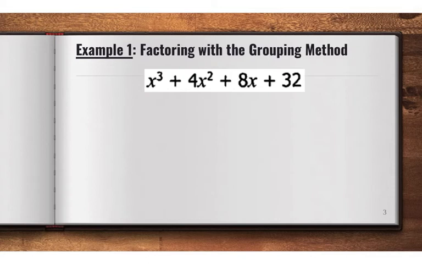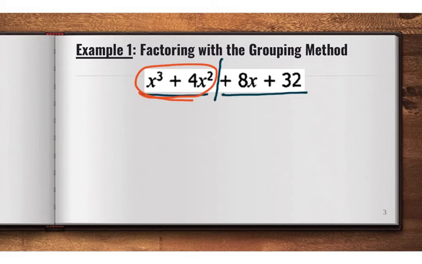Okay, so example 1, factoring with the grouping method. So I am going to take this and put a line here. So I have one group, and here I have two groups, my second group. All right, so let me make the first group red. So I'm just looking at these two terms. Now, x to the third plus 4x squared.